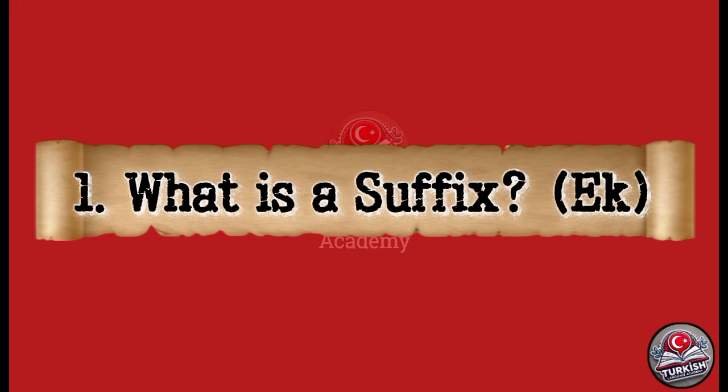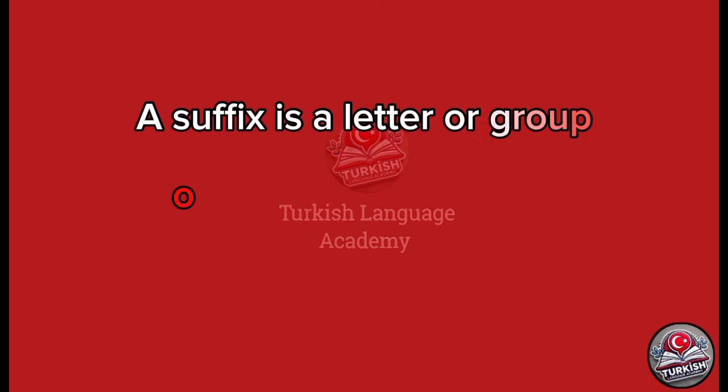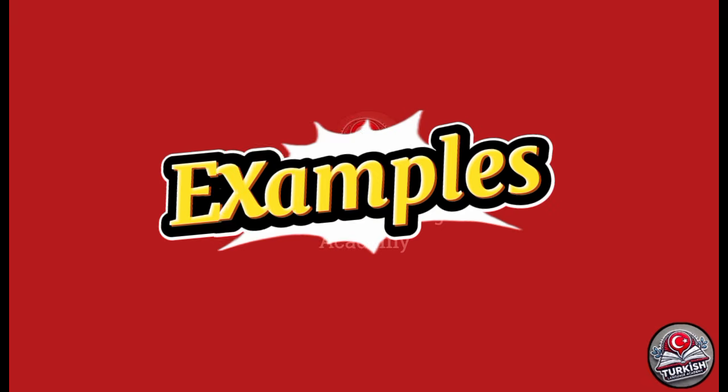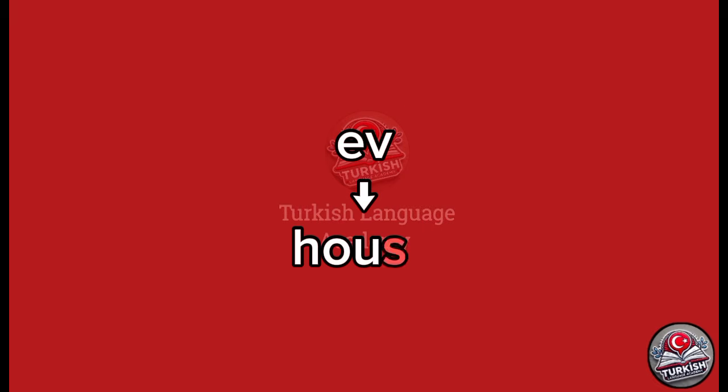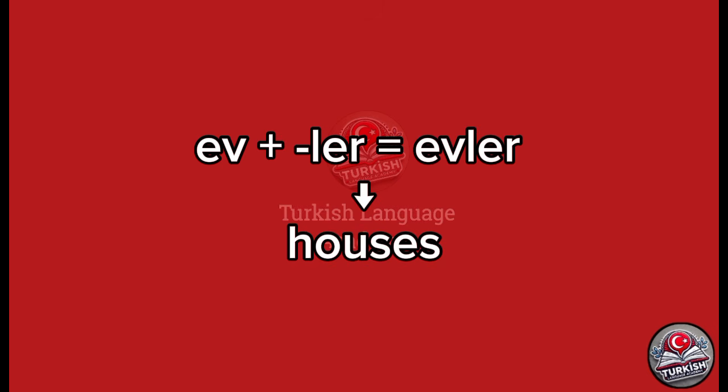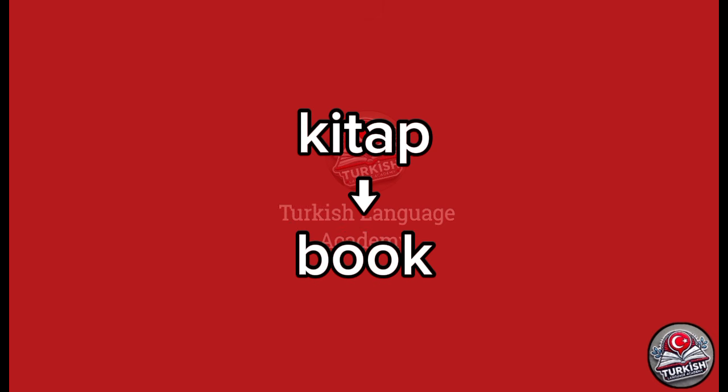Number 1. What is a suffix? Ek. A suffix, or ek, is a letter or group of letters added to the end of a word. Examples: Ev means house. Ev plus ler, evler, means houses. Kitap means book.